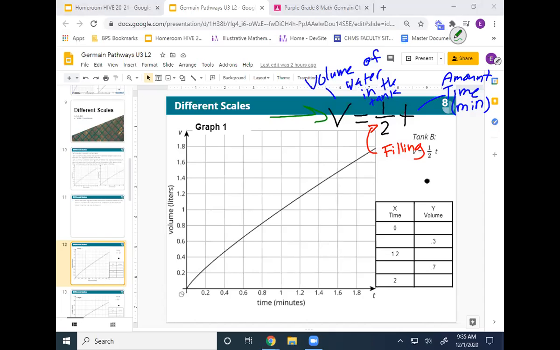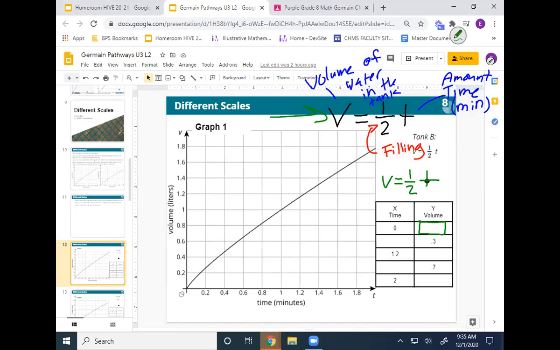We're going to use this table to identify some points that would fall on this equation line. The way we do that is we ask, what happens when I take this equation, V is equal to 1/2 T? How many liters are going to be in this tank when the time is equal to 0 minutes?